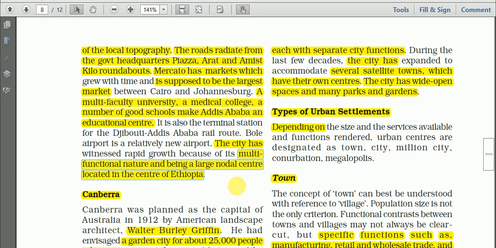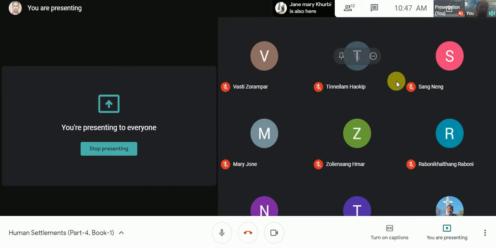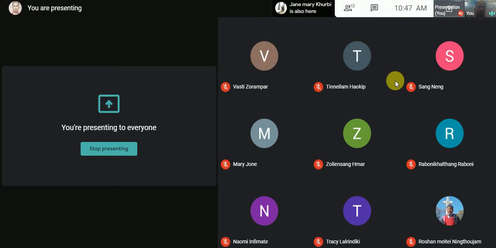That means Addis Ababa is a large nodal center, a focal point, located in the center of the country. So this is about the morphology of Addis Ababa. Any questions? Addis Ababa is the capital of Ethiopia.